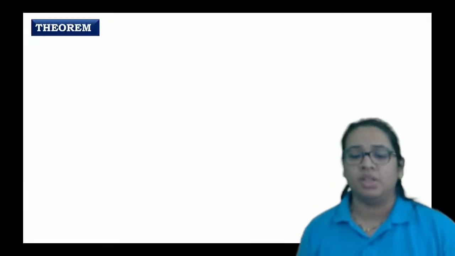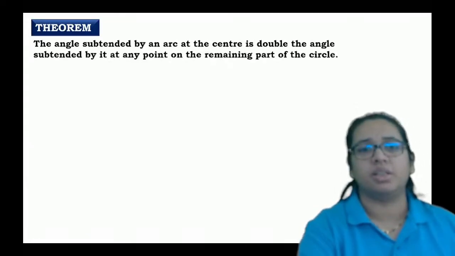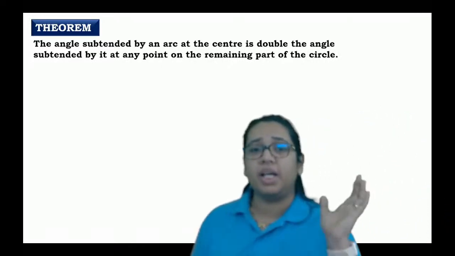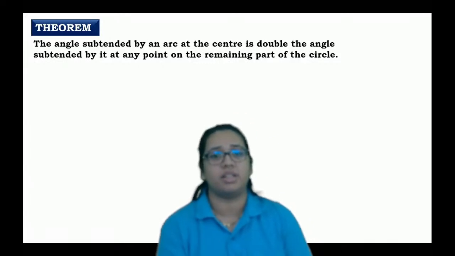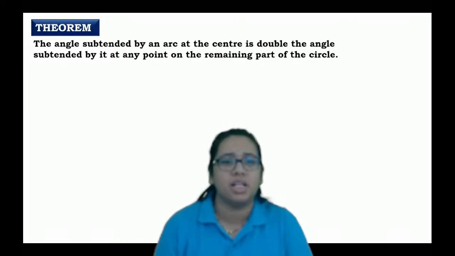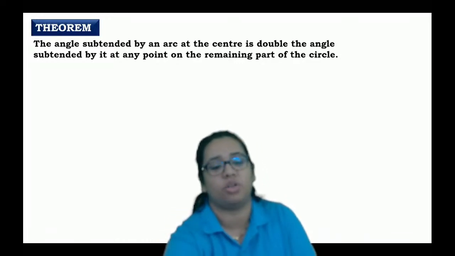Okay. Here we have another theorem. The angle subtended by an arc at the center is double the angle subtended at any point on the remaining part of the circle.